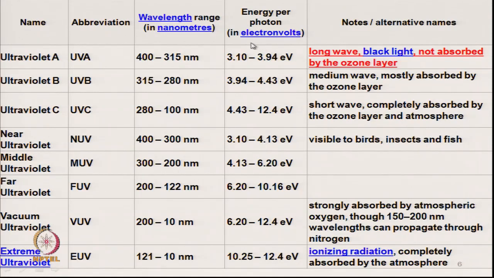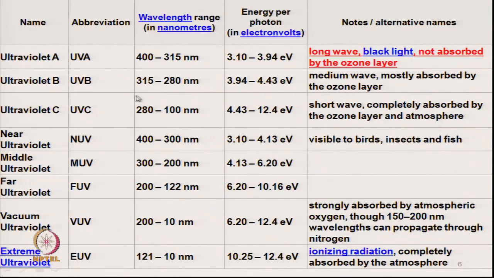That energy is less here, but they are longer wavelength, black light, and they are not absorbed by the ozone layer. So, that is the cause of worry. We have to protect ourselves, although the energy is least here.